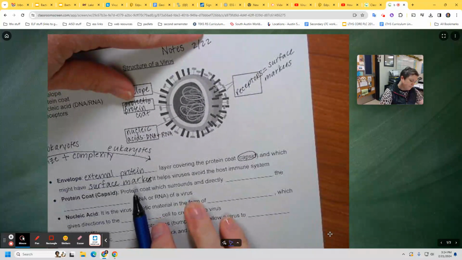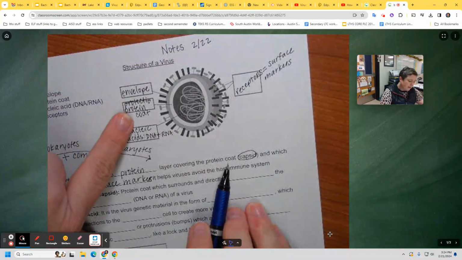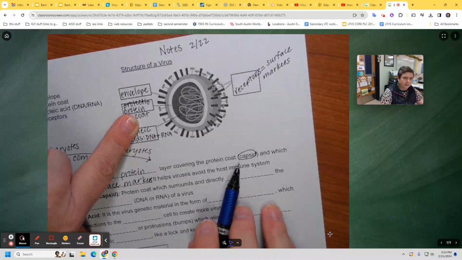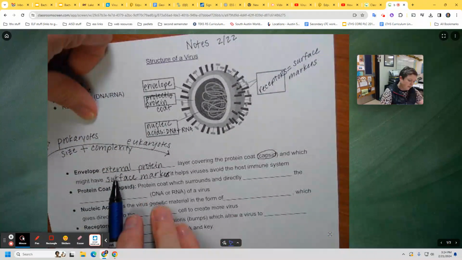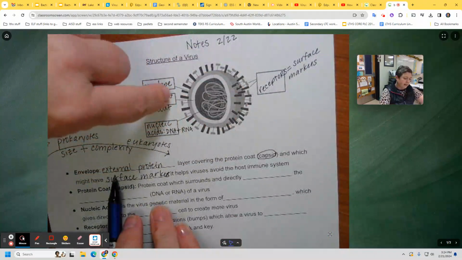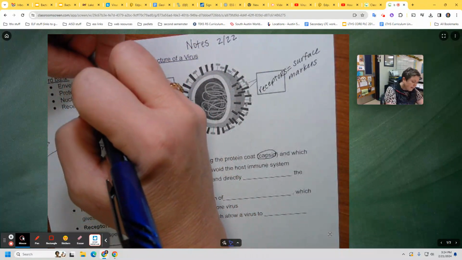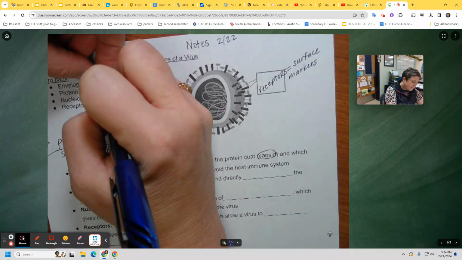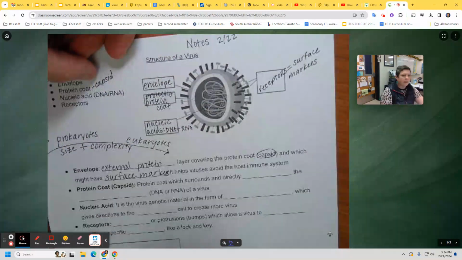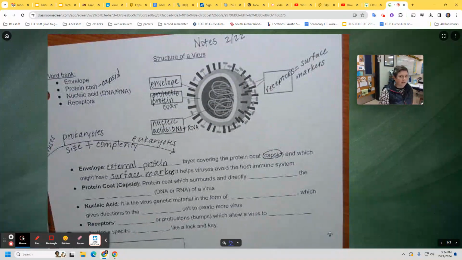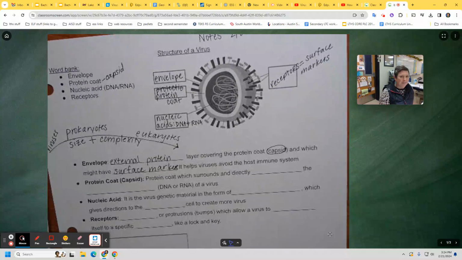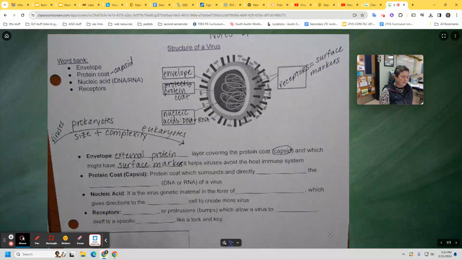And we've already called the protein coat a couple of different things. Okay, we said the envelope is on the very outside and it covers the protein coat, which we can also call the capsid. Okay, so in biology, we like to call everything by a million names. So just know that those are all the same thing.